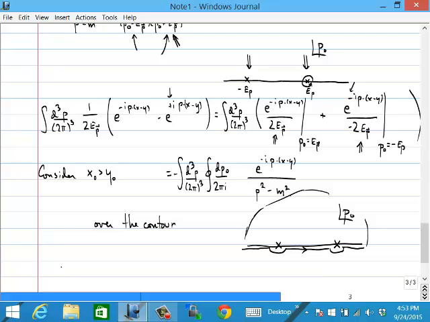So just to summarize, we close the contour in the upper half plane to pick up both poles.